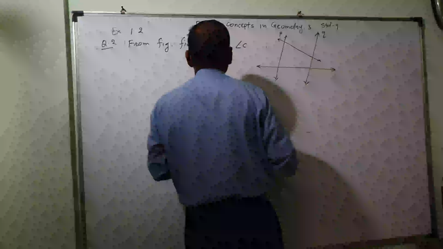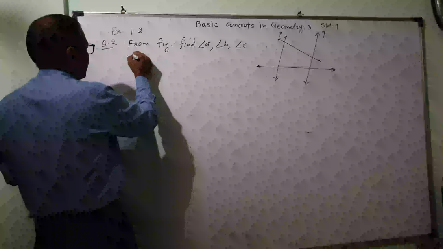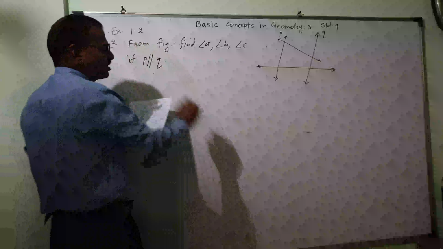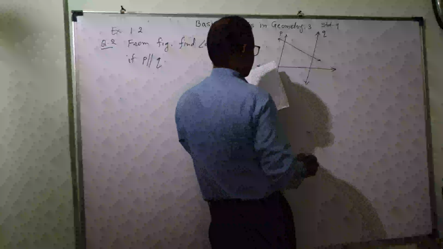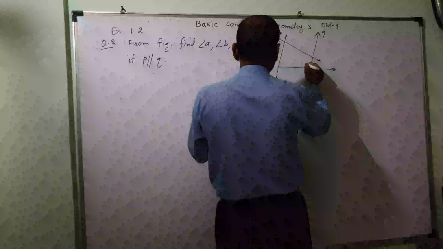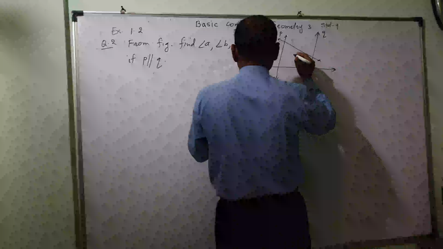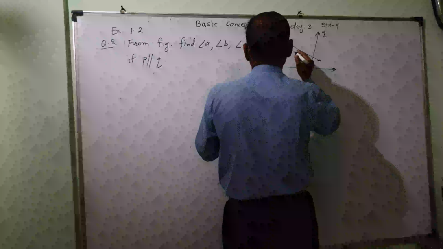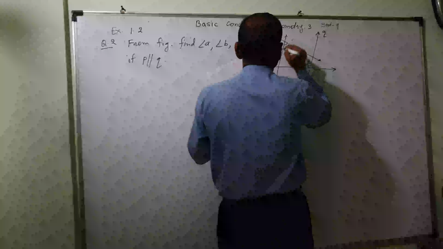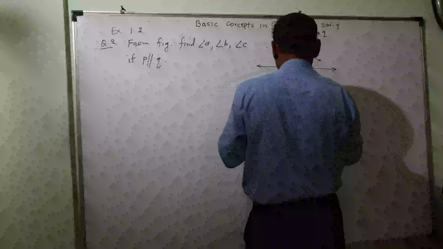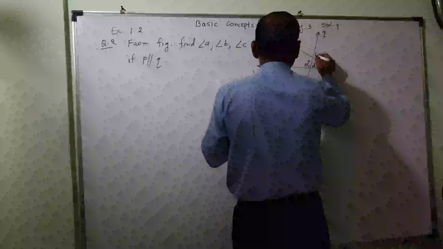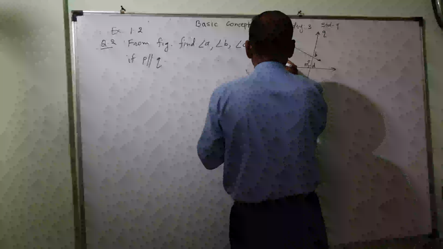P and Q are parallel lines. If line P is parallel to line Q, I am using the shortcut. This is 115. This is 110. The figure is not proper. This angle is D, this angle is B, this angle is C.